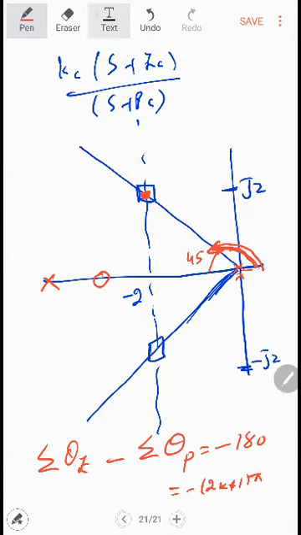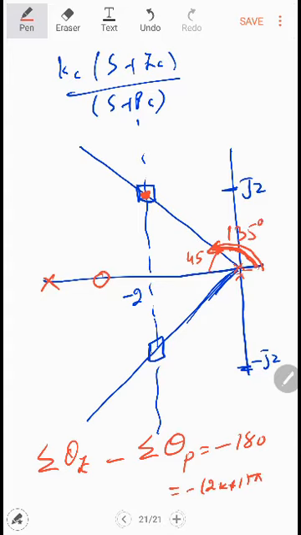You can also consider this as minus (2k plus 1) pi, which means 180. So this is the total angle effect. Now the total angle is 180, so 180 minus 45, which will be equal to 135.